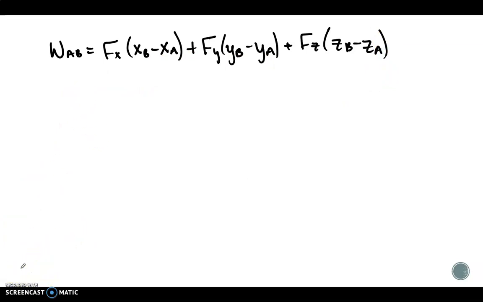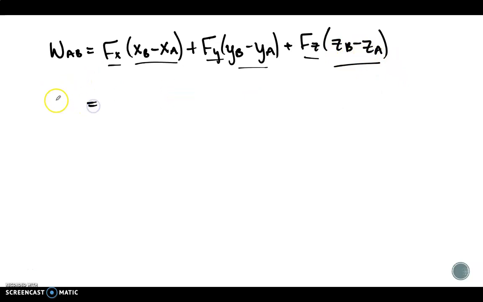Now what you may notice here is that if we look at this, we see f sub x, f sub y, f sub z. Then we have this x sub b minus x sub a, this y sub b minus y sub a, and this z sub b minus z sub a. So there's a pattern here.